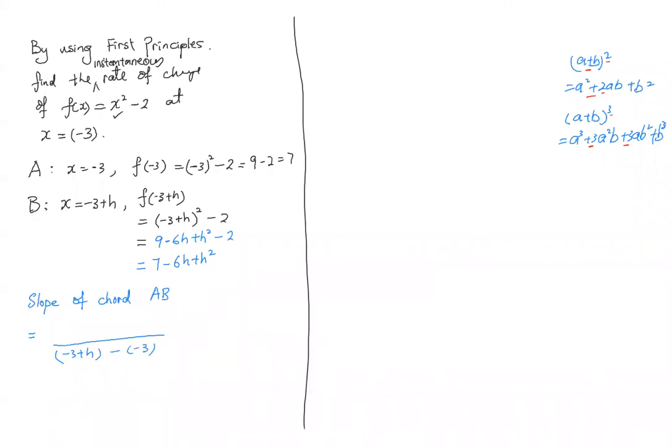So y2 is 7 minus 6h plus h squared, take away 7. Usually we prefer to bracket it up; if more than one term, we always bracket it up. The bottom here always ends up with h. Am I right?